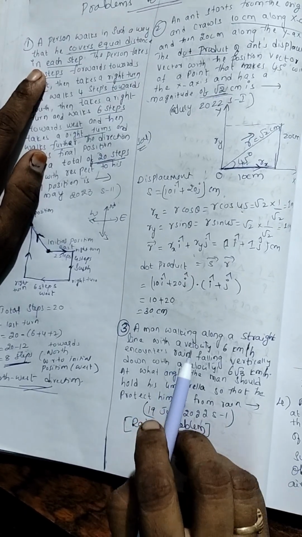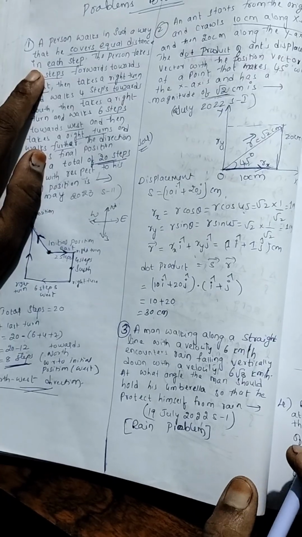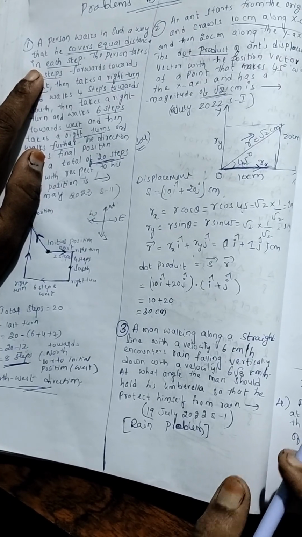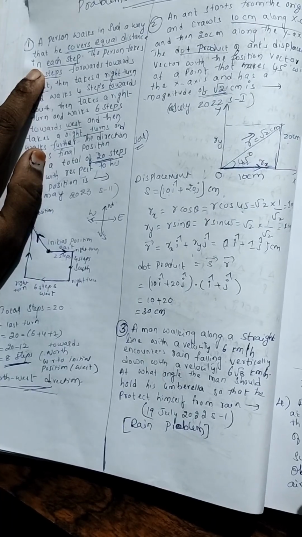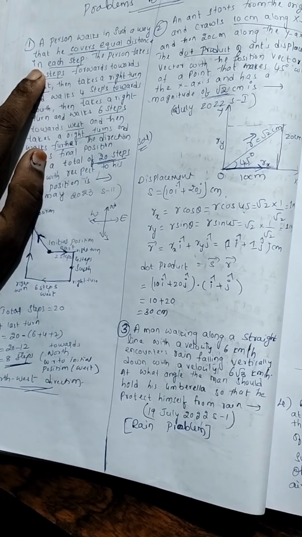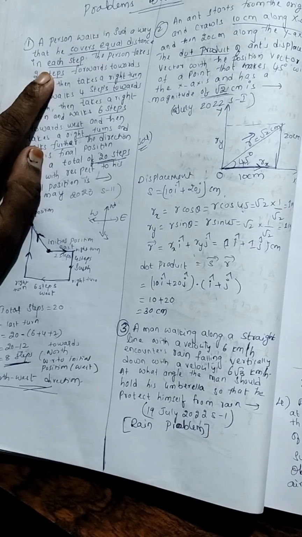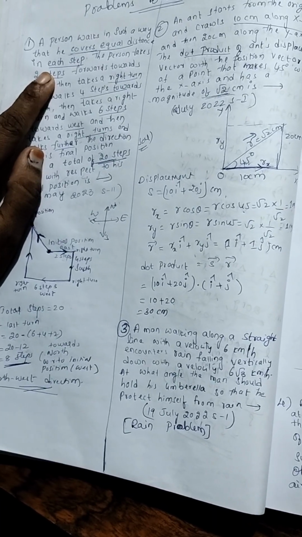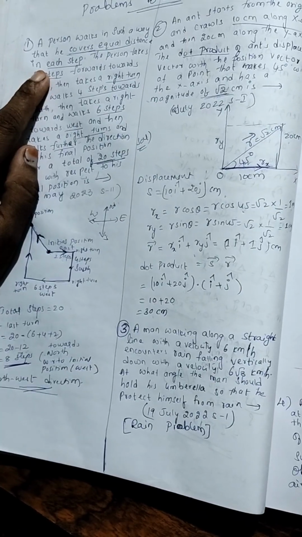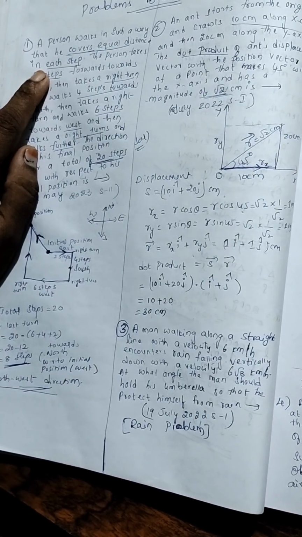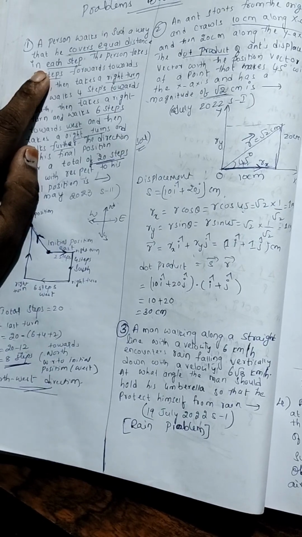What is he saying? A man is walking along a straight line with velocity 6 km per hour. Assume that in such a way he is walking in a straight line with velocity 6 km per hour. Now the rain is falling vertically, and the man is in motion. The velocity of rain he gave as 6 root 3 km per hour.